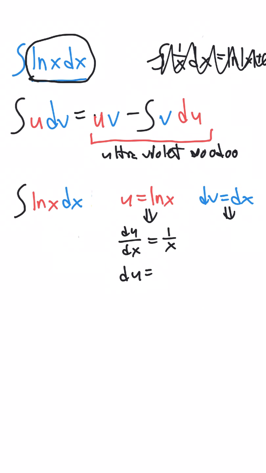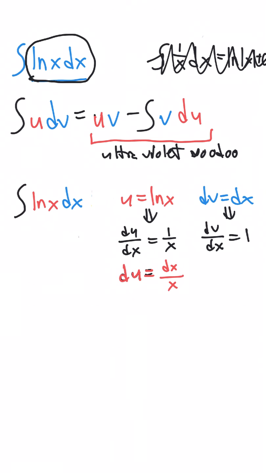I can even do it in red so you can see what I'm getting. du is equal to dx over x. All right, and on the blue side over here, dv equals dx is the same as what? dv dx equals 1.